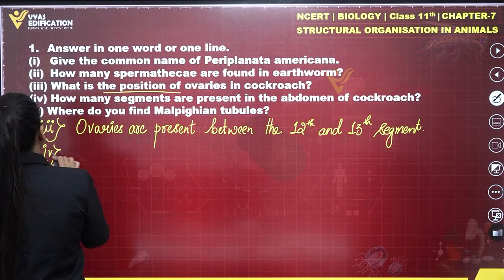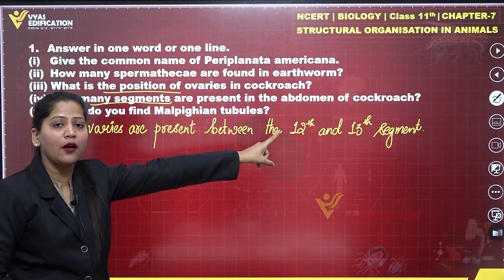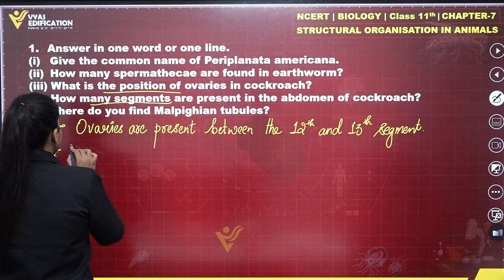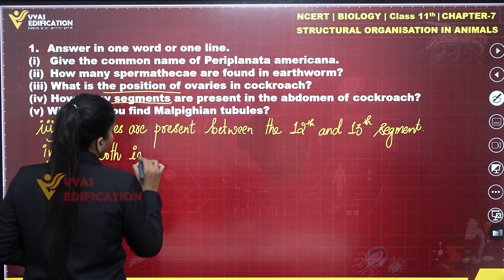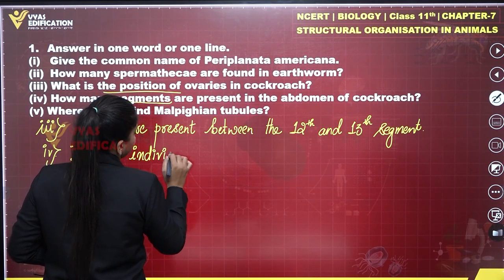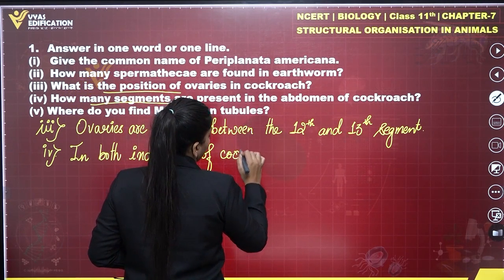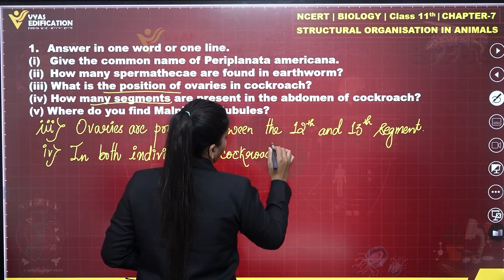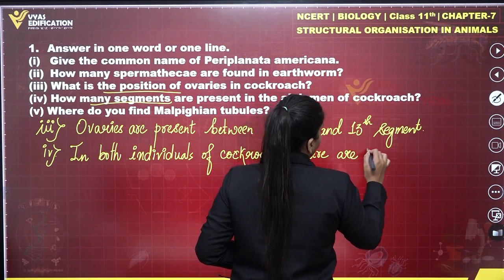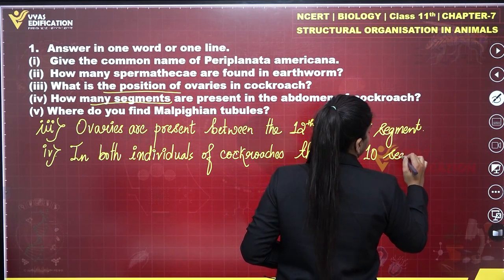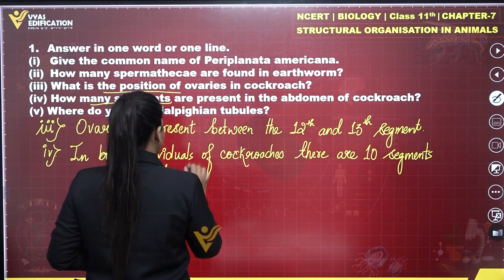Now, moving on to the next answer, the fourth part of question number 1. How many segments are present in the abdomen of cockroaches? In both individuals of cockroaches, there are 10 segments of abdomen.